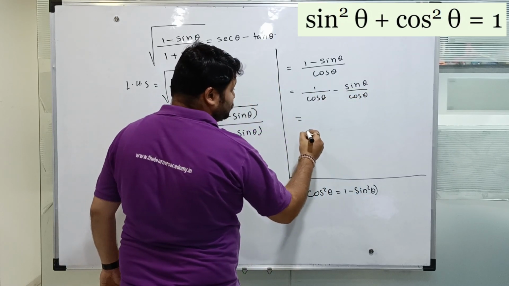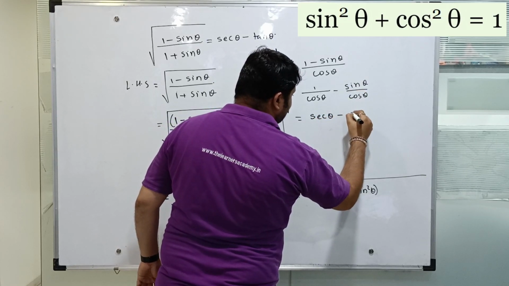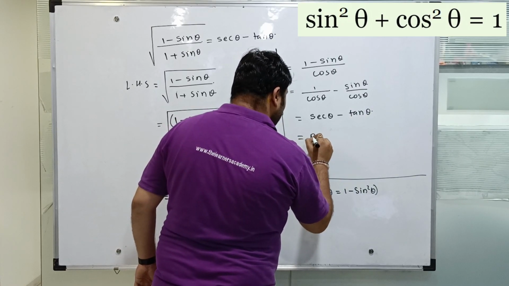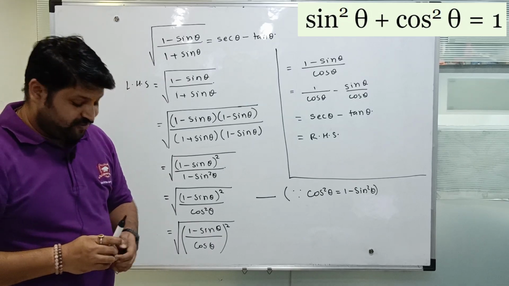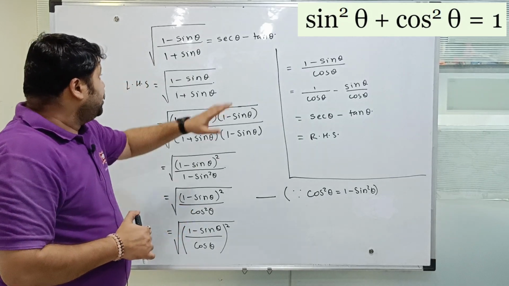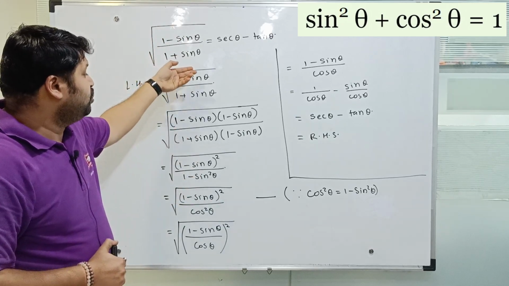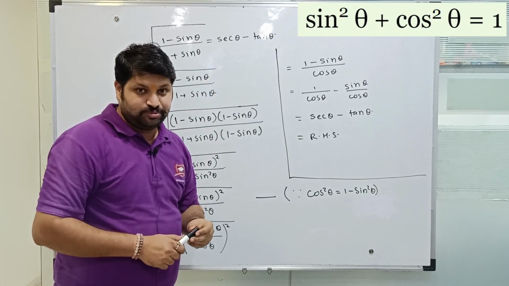But 1 upon cos theta is sec theta and sine upon cos theta is tan theta, which is equal to my RHS. So I have ended up proving that the root of this particular function is equal to this particular function.